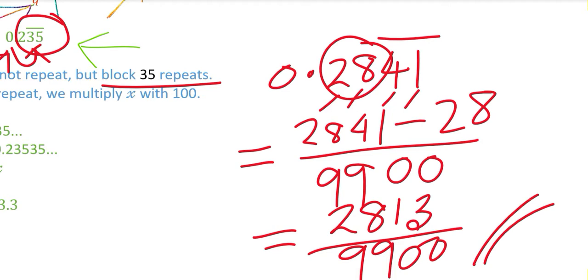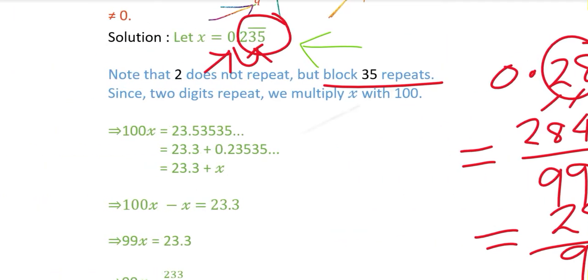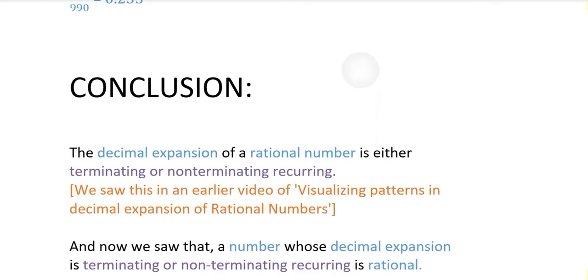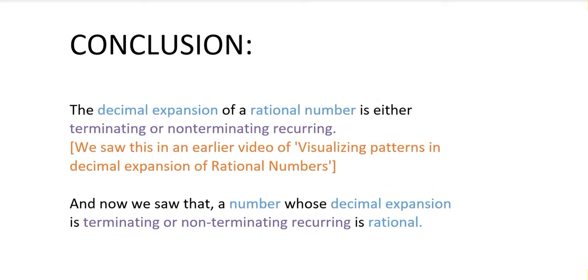So we now go to the conclusion of our video. So what is the conclusion that we make? That the decimal expansion of a rational number is either terminating or non-terminating recurring.